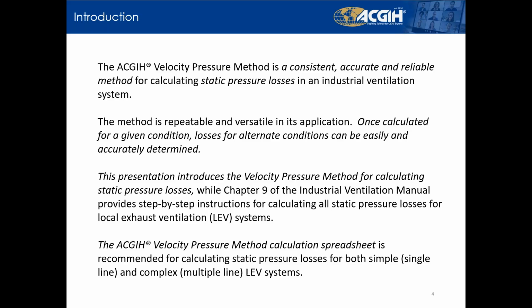The ACGIH velocity pressure method calculation spreadsheet is recommended for calculating static pressure losses for both simple and complex LEV systems. In this presentation, we'll be using the ACGIH velocity pressure calculation spreadsheet in some examples. However, guidelines on how that spreadsheet is actually used will be covered in a separate ACGIH webinar.